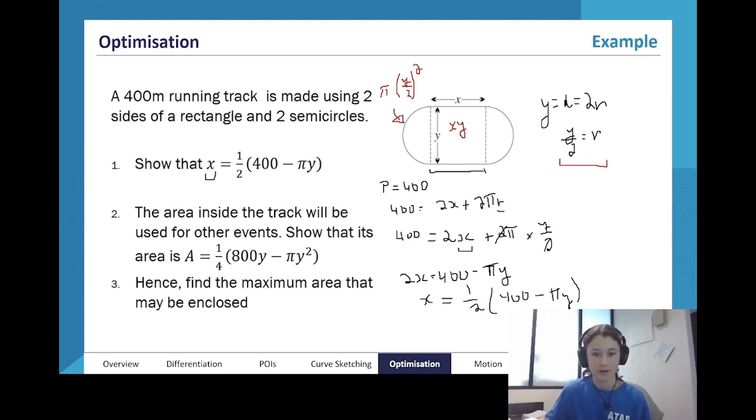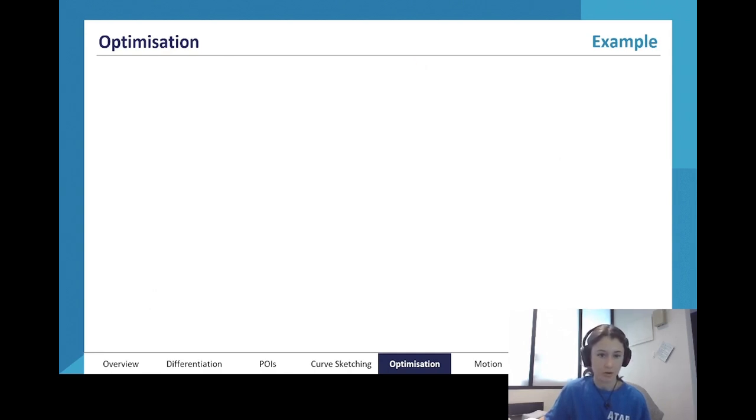So that means that our area is going to be equal to xy plus pi outside of y over 2 squared.